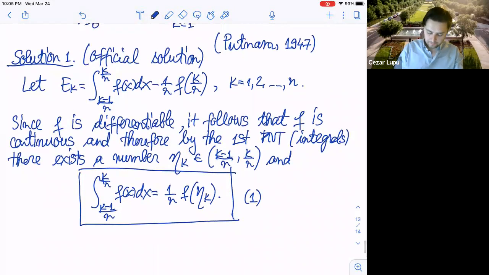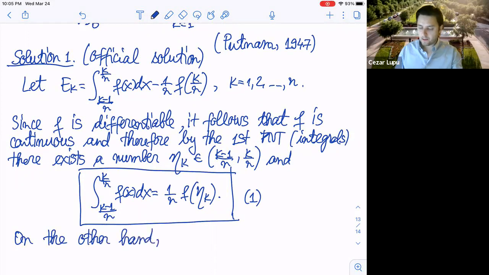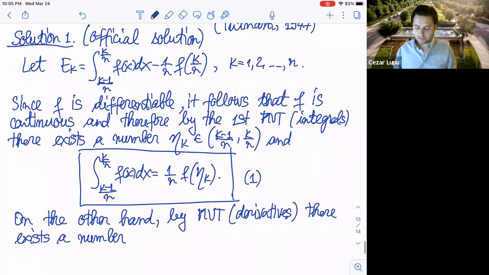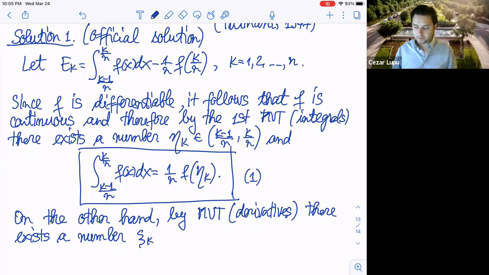But on the other hand, by the classical mean value theorem for derivatives, there exists a number, this time let's say c_k, with eta_k less than c_k less than k over n, and we will have the following relation.